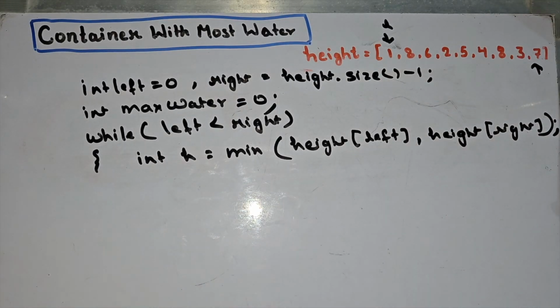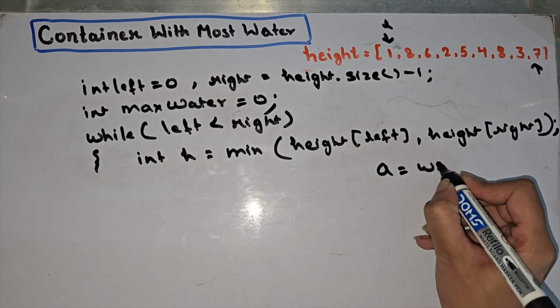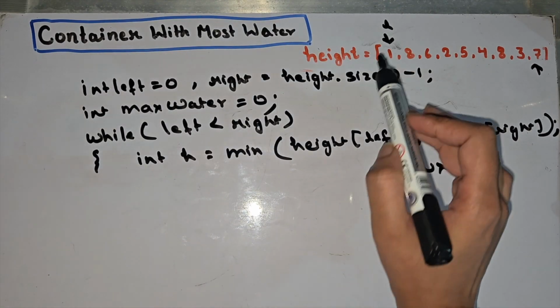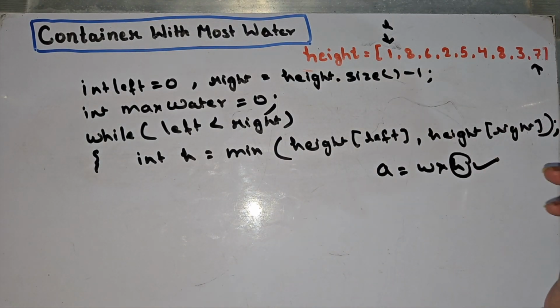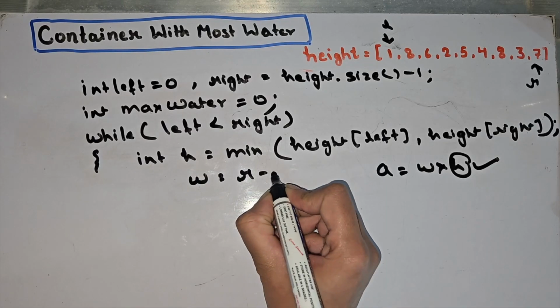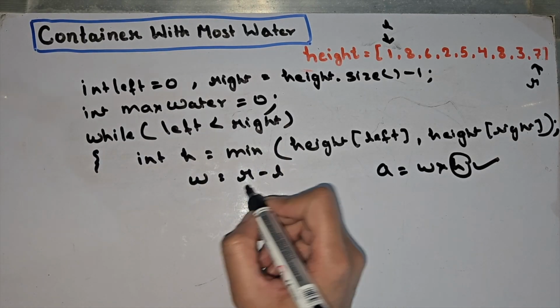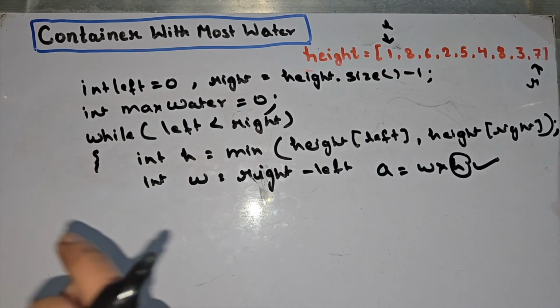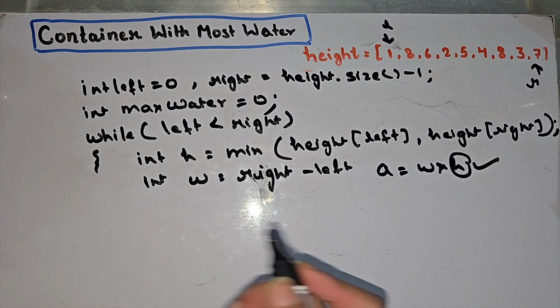Now we have the height, and for area we need width into height. The width is the distance between the two indices, so width is equal to right minus left. We have width, we have height. Now we will calculate the area.